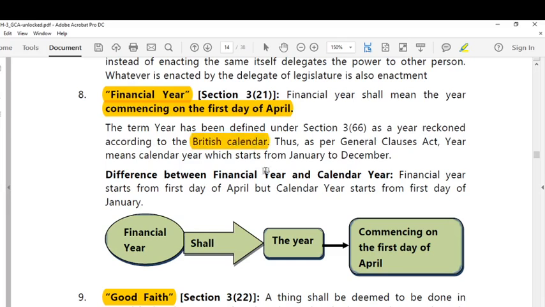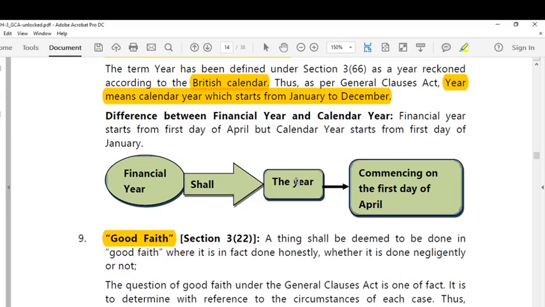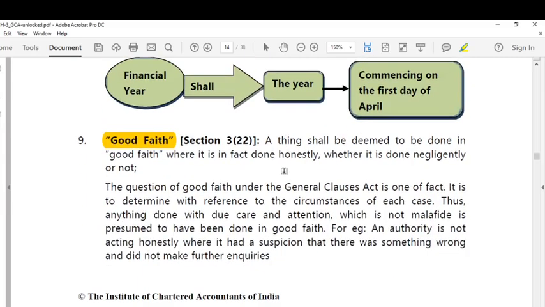Thus, as per the General Clauses Act, year means calendar year, which starts from January to December. Difference between a financial year and a calendar year: financial year starts from the first day of April, but calendar year starts from the first day of January. That is the only difference between the two.